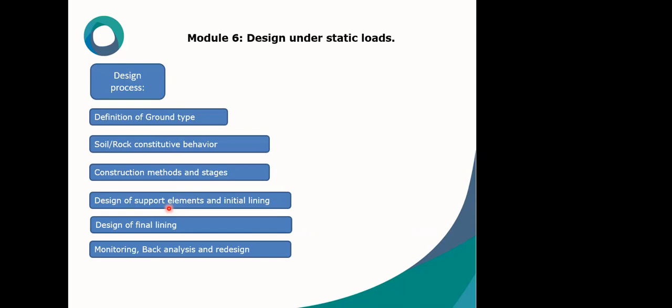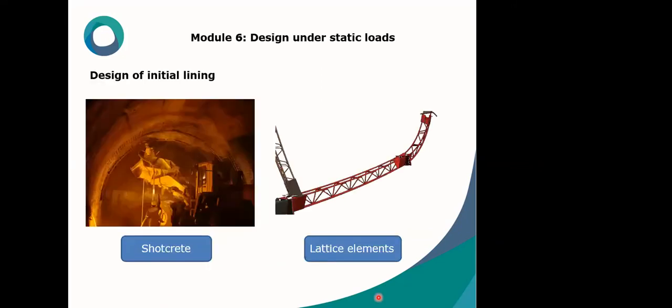And then we go to the design of final lining and the monitoring and back analysis and redesign. So in the next slide, you can see shotcrete and lattice elements.